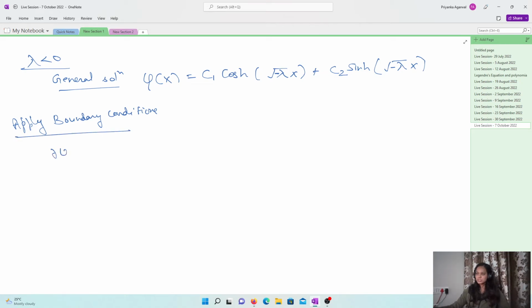Okay, so then del psi by del x at x equal to 0 is 0.